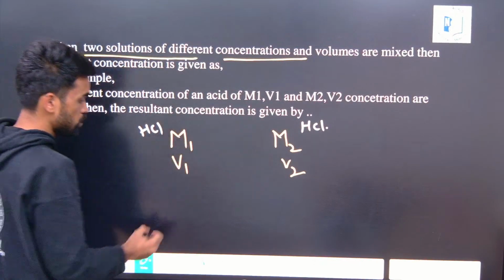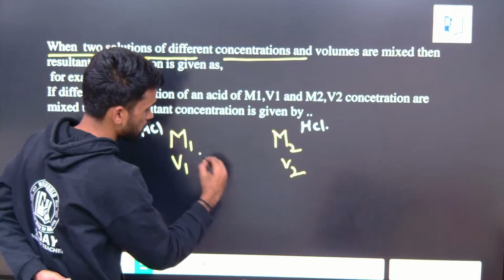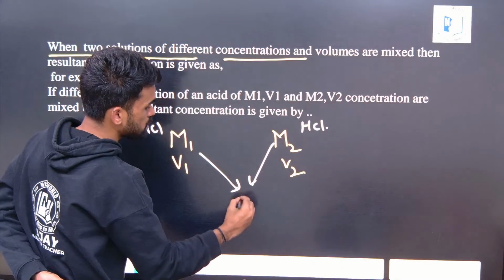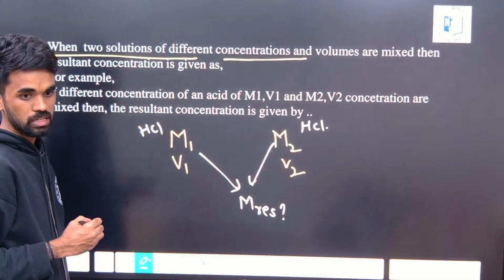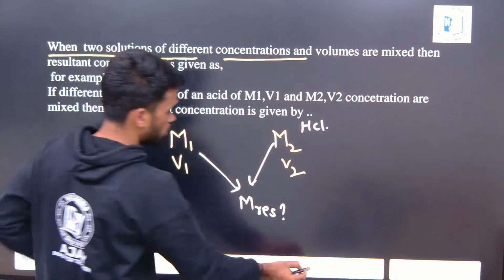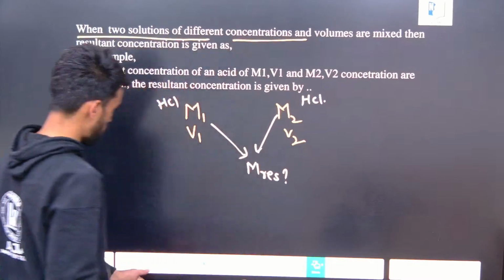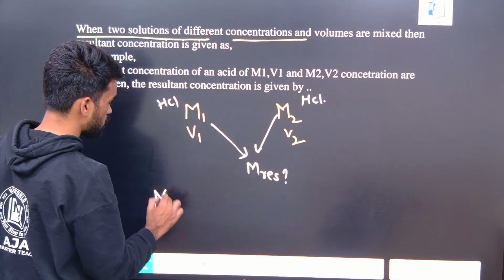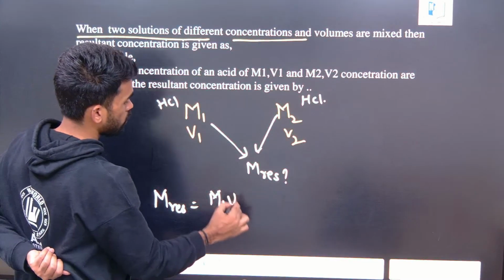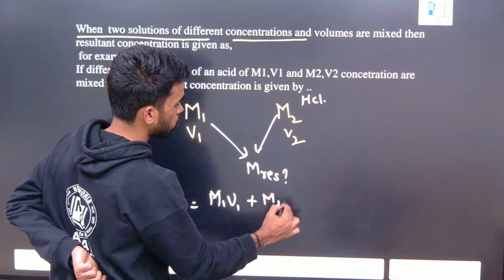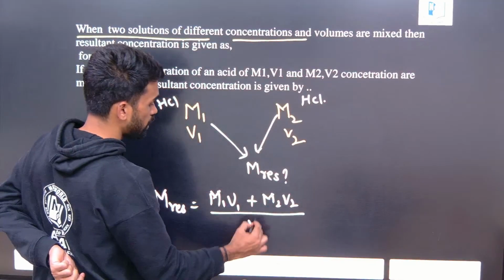Remember that point. When I mix these two solutions, what is the resultant concentration? They will ask like this. So you just use this formula. M resultant, the molarity of the resultant solution, equals M1 V1 plus M2 V2 by V total.